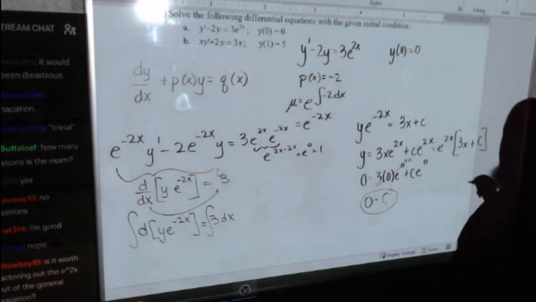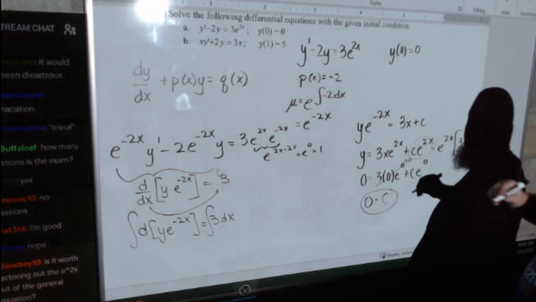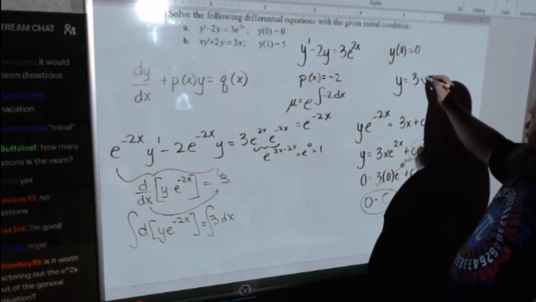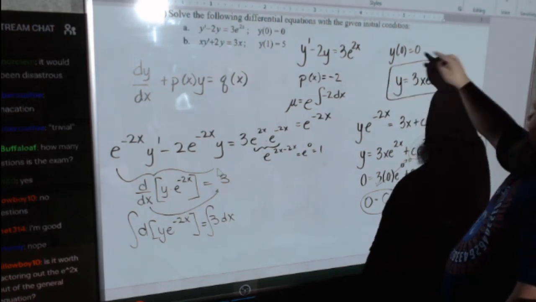So if c is 0, that means this term right here disappears. y is this in order to pass through that point.